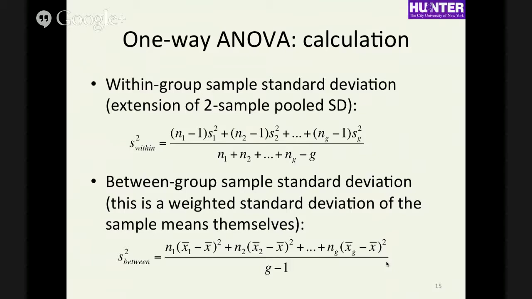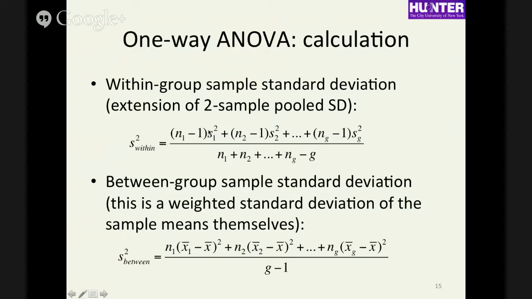Here's how you do an ANOVA. So you need two calculations, and we looked at them visually before. There's a variance within groups and the variance between groups. So let's look at the variance within groups calculation. S1, S2, these are just the standard deviations estimated for each of the groups.